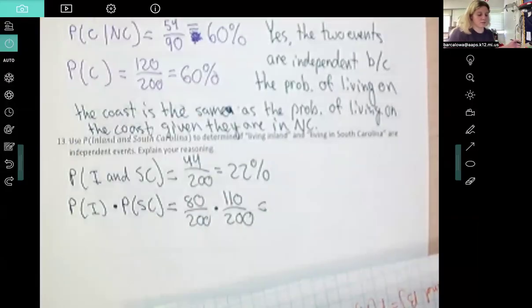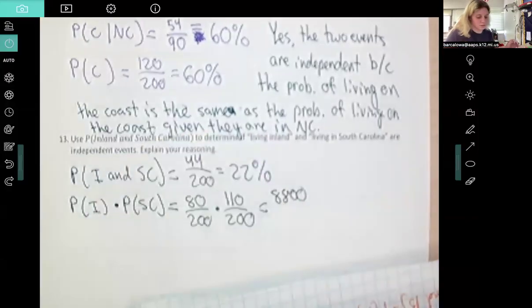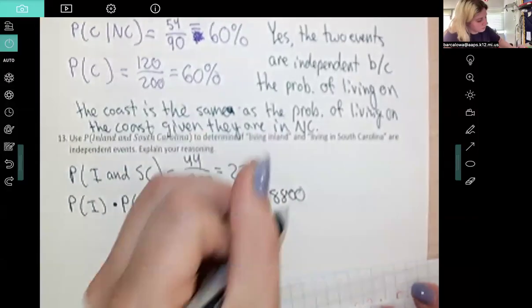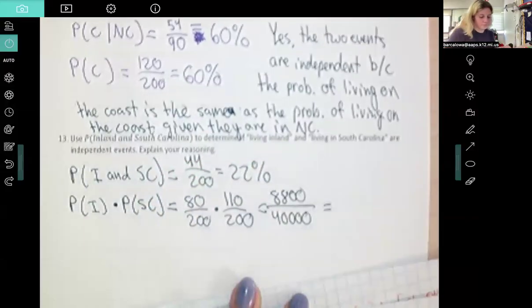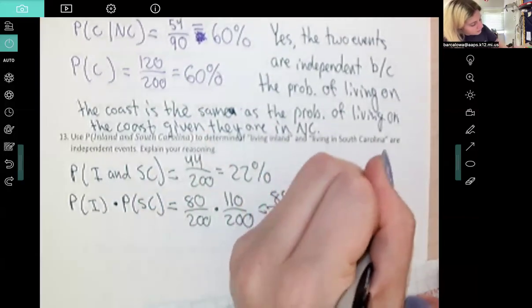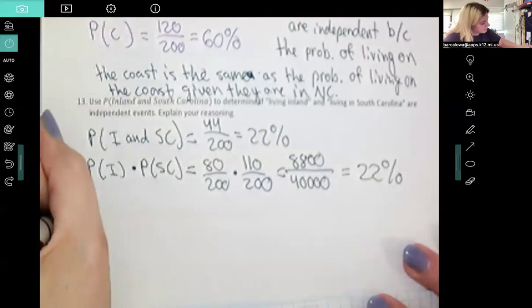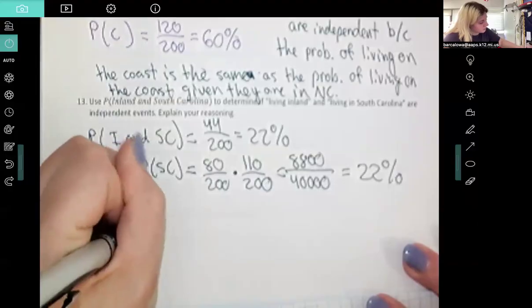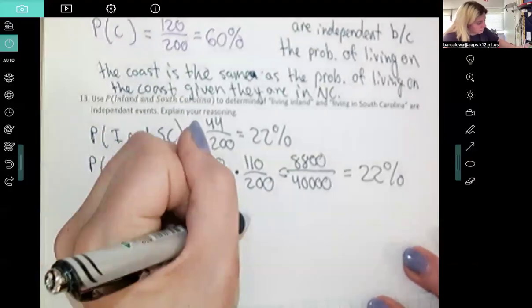Multiply across, 80 times 110, 8,800, over 200 times 200. These are big numbers, guys. My students are coming. 22%! They're independent too. Yes. The two events are independent.